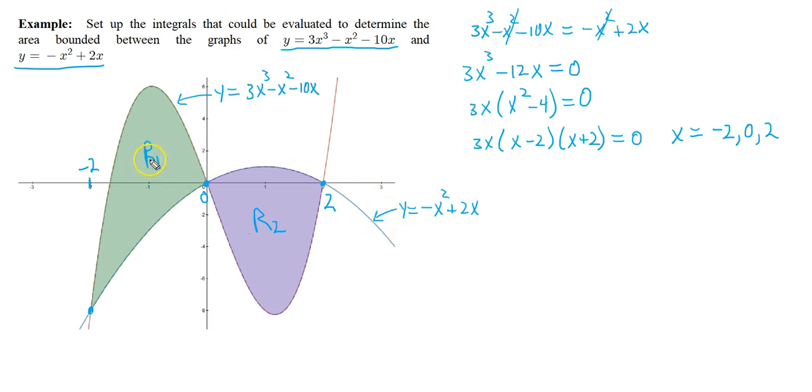So now for the region R1, the upper curve is the cubic, the lower curve is the quadratic, and so the area of region R1 is going to be the integral from -2 to 0 of the upper curve minus the lower curve.